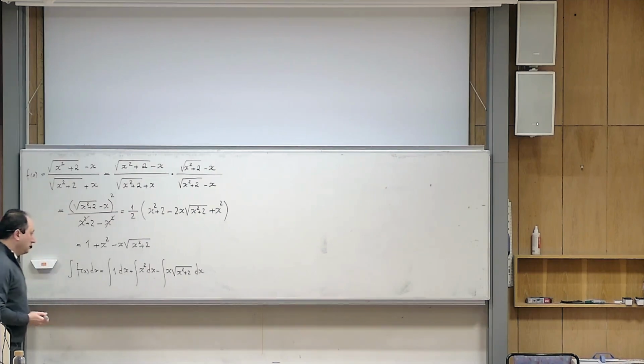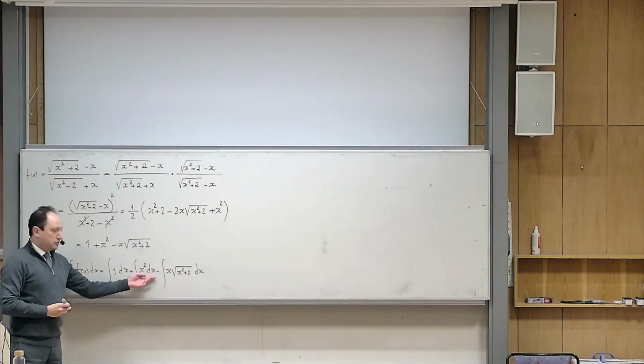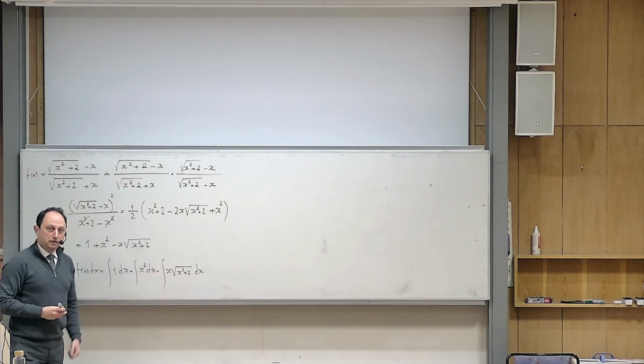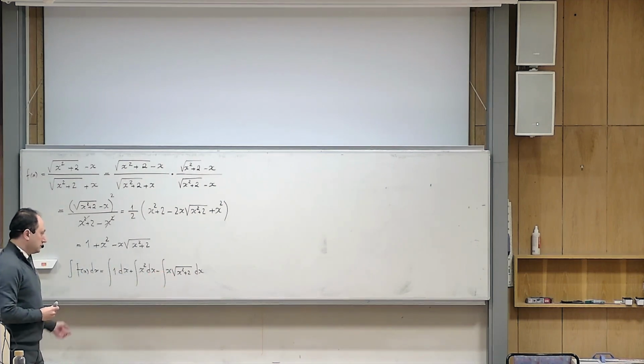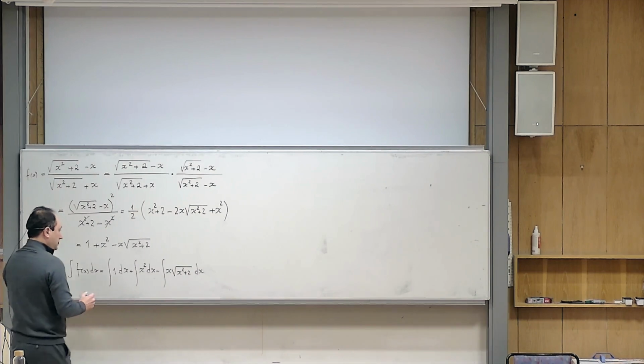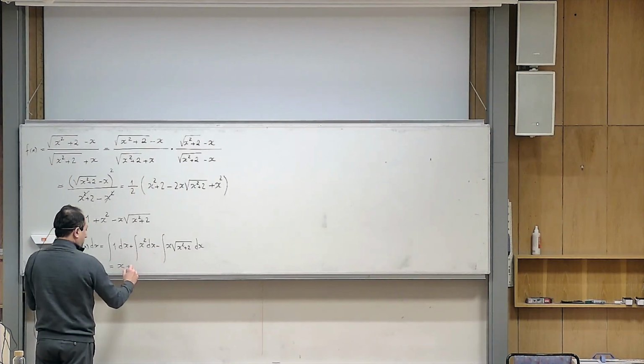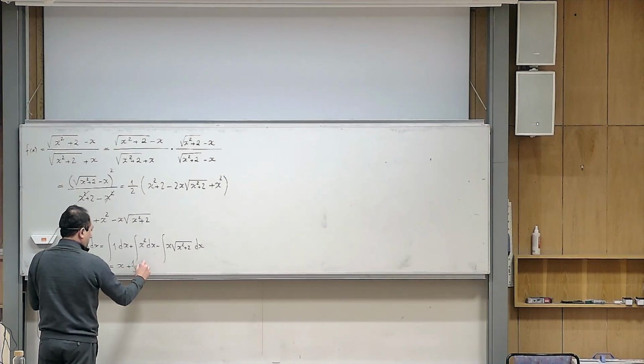Yes? Okay, so these two integrals are extremely simple. That is also a very simple integral if you are already familiar with the method of substitution. Let me just integrate these two. The answer to this one is simply x. The answer to this one is a third x to the power 3.